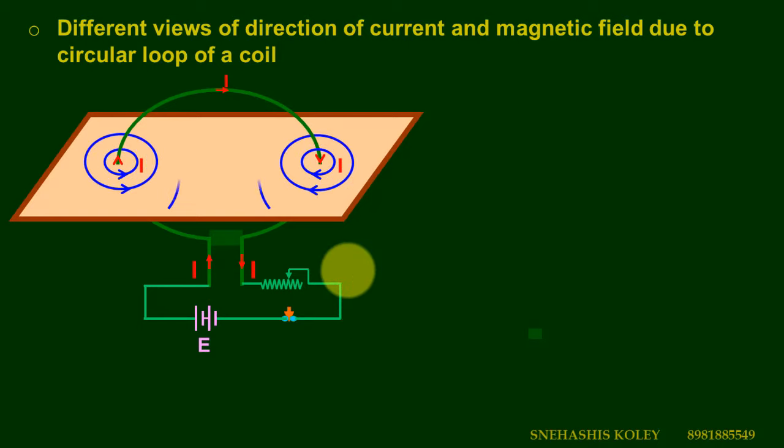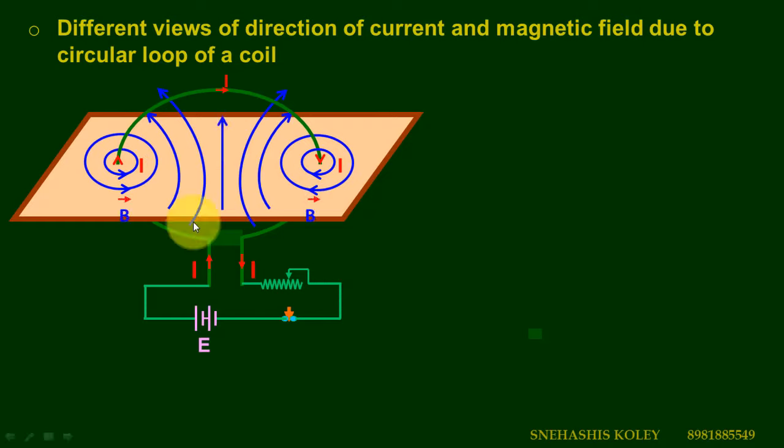Due to this flow of current, we see a pattern of magnetic field lines, and we observe that in the vicinity of the wire at these 2 points, the magnetic field lines are nearly circular within the space enclosed by the wire. That means in this position, the magnetic field lines are in the same direction.